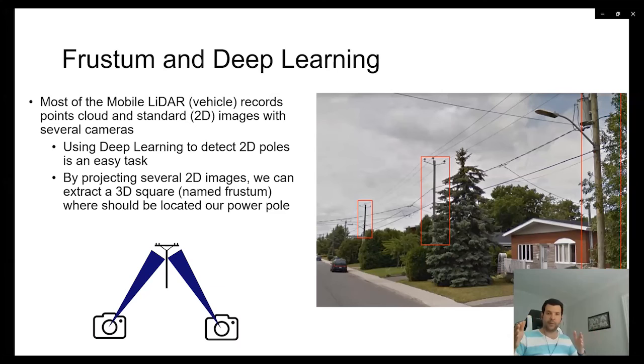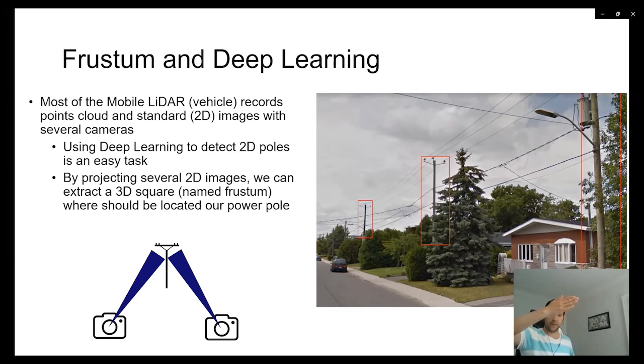And if you are able, with 2 different cameras with 2 different directions, to detect the same pole, you have an intersection in a space area of that pole. So you can extract a frustum, from a 3D object according to your 2D cameras. Let me repeat it again.